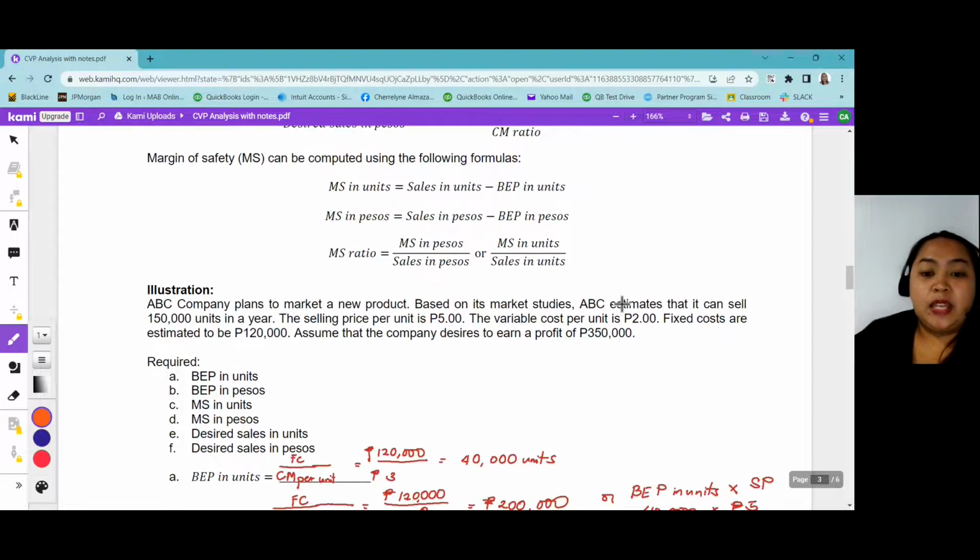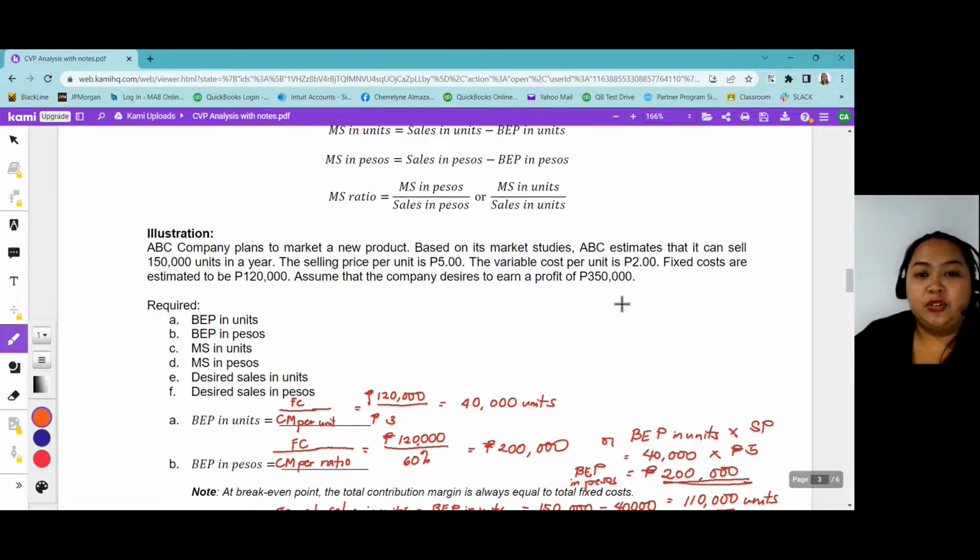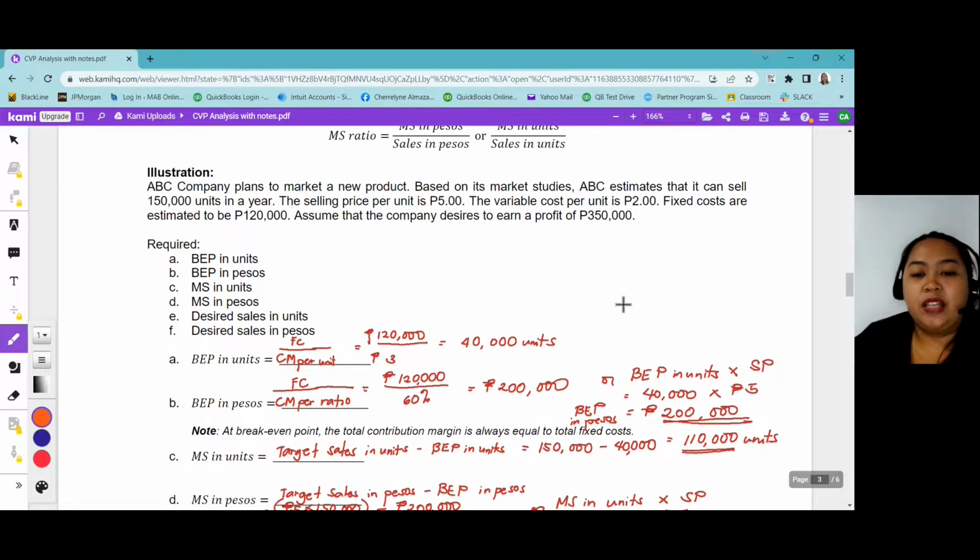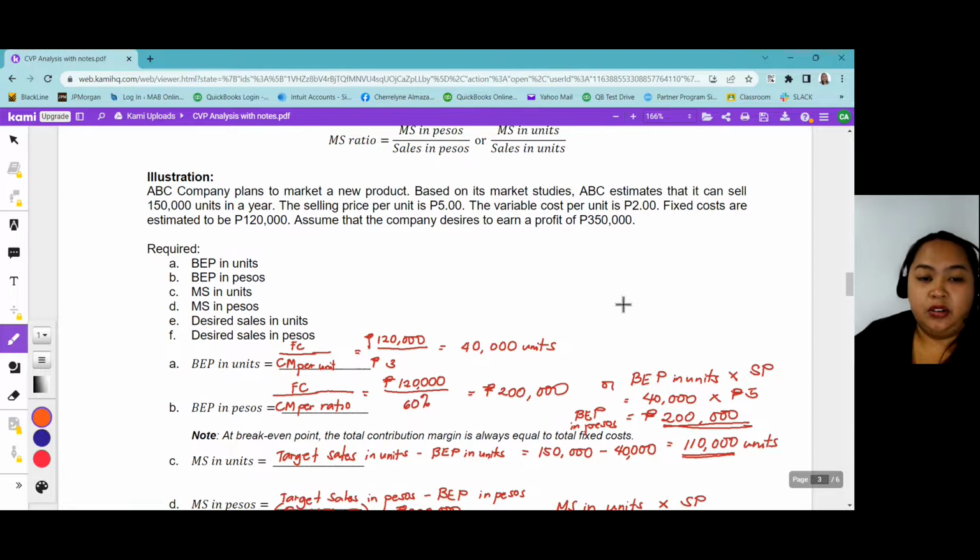Okay. Para mas maintindihan natin at ma-practice tayo, let's see an illustration. So, previously naibigay ko sa inyo yung handout at wala yung mga sagot. So, ito na po yung mga sagot for your handouts. Okay. So, ABC Company plans to market a new product based on its market studies. ABC estimates that it can sell 150 units in a year.